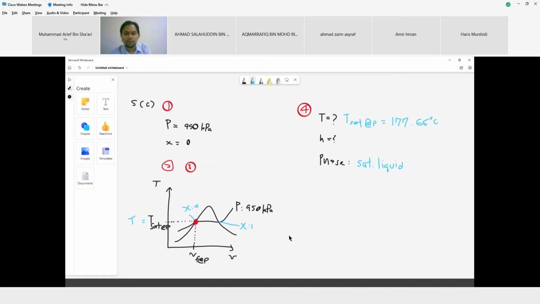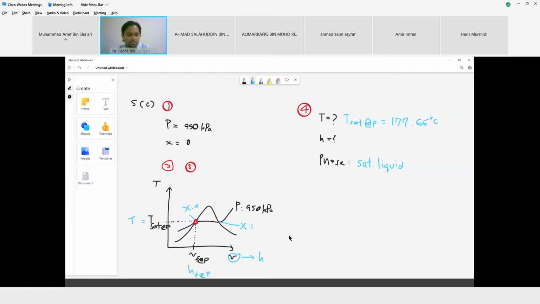Okay, then what else? H, enthalpy kan. So for enthalpy, you can actually change this axis from specific volume to H. So now here this point is HF at the given pressure.